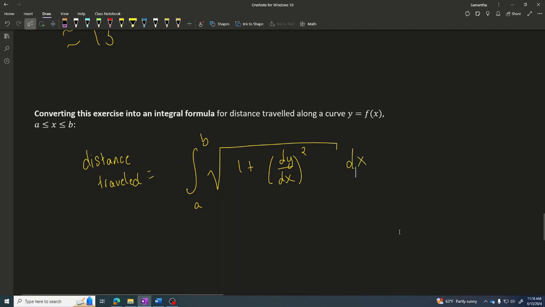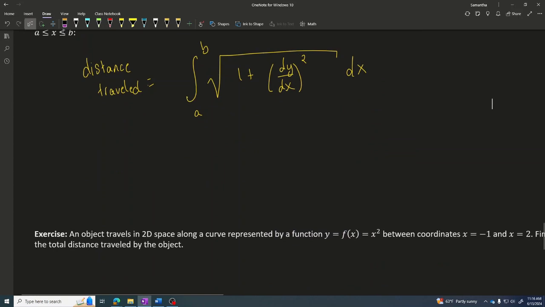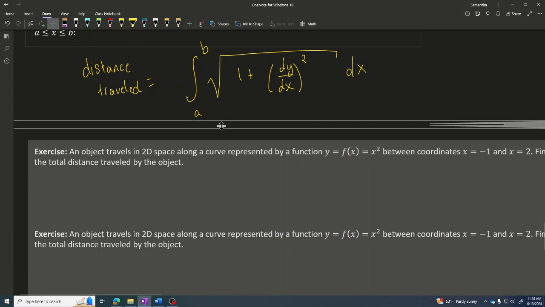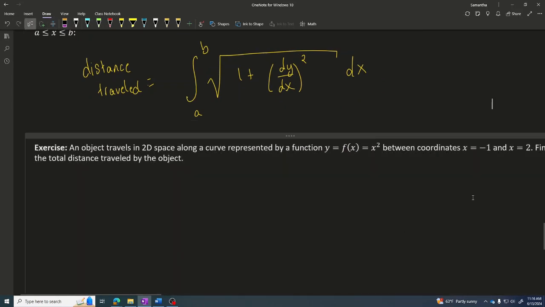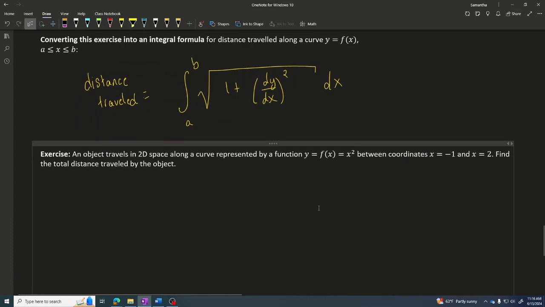This would be the integral formula for distance traveled along a two-dimensional curve. Finally, let's get some practice using this formula to do a calculation. Someone says an object is traveling in two-dimensional space, and the curve on which it is traveling is represented by the function y equals x squared, and it's traveling between, at the smallest, x equals -1 and x equals +1. Let's try to find the total distance traveled by the object.